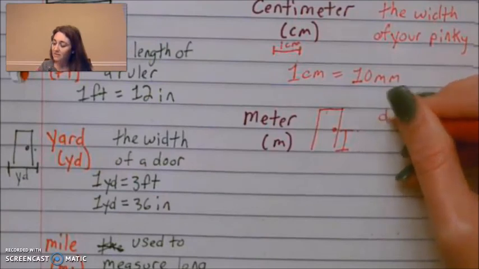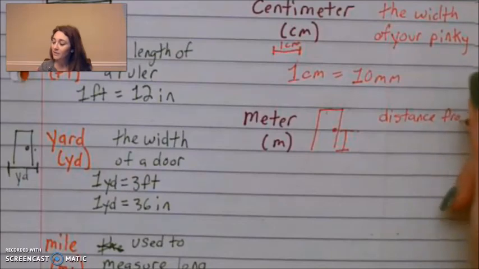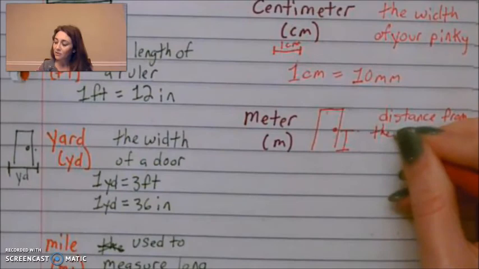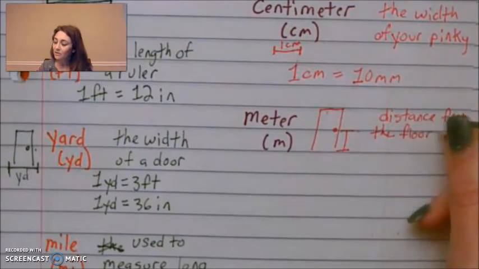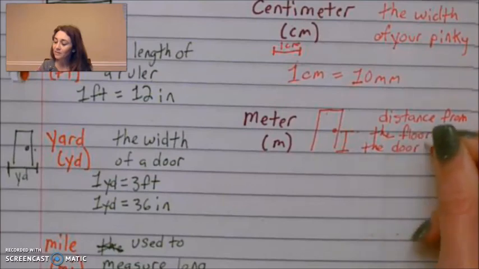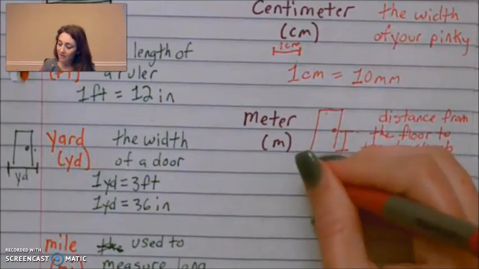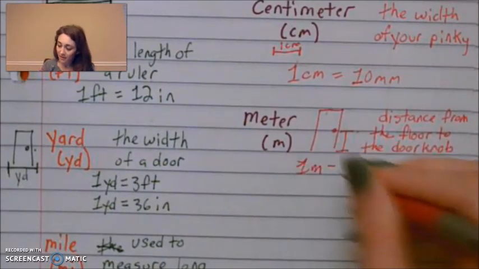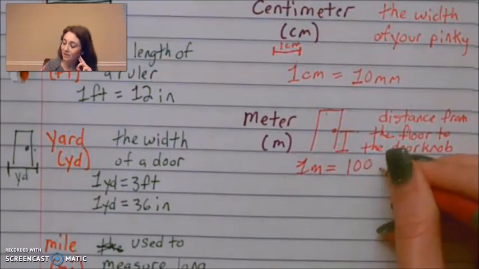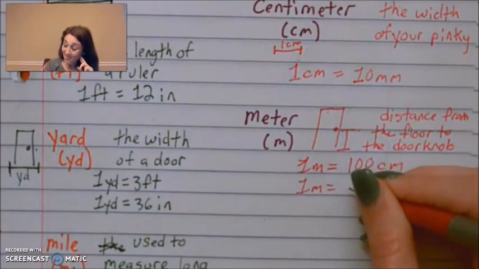From the distance from the floor to the doorknob. 1 meter equals 100 centimeters, equals, not minus, and 1 meter equals 1,000 millimeters.